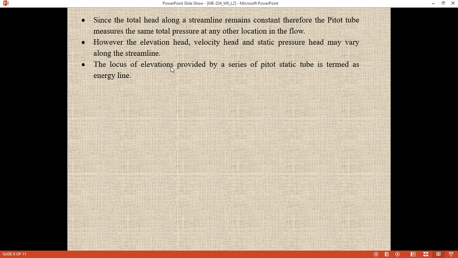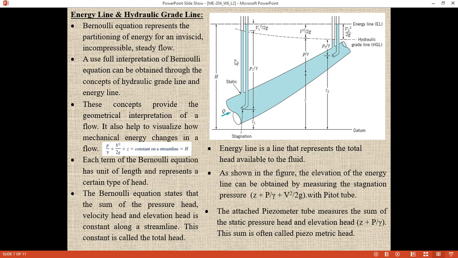The locus of elevation provided by a series of pitot tubes is termed the energy grade line. This is the locus of the pitot tubes; if you join them together you will get an energy grade line.